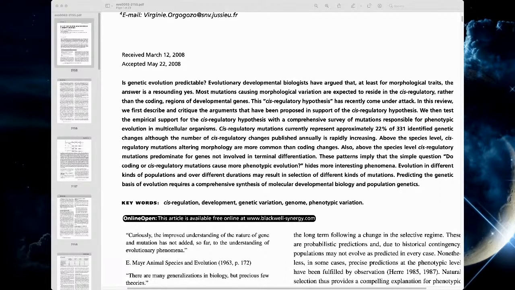We know both occur, but what is the relative significance or usage of either in terms of morphological evolution? I think the main discussion is morphological evolution, because that's what the creationists always harp on, isn't it?